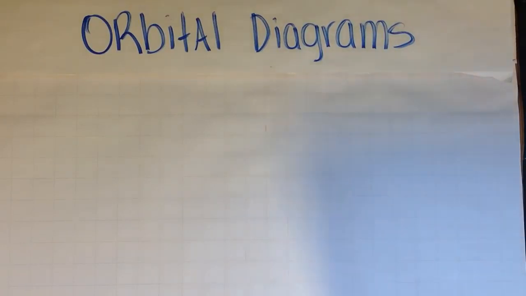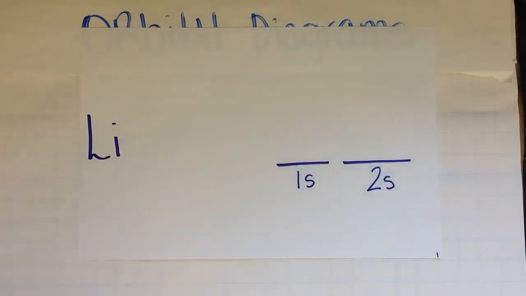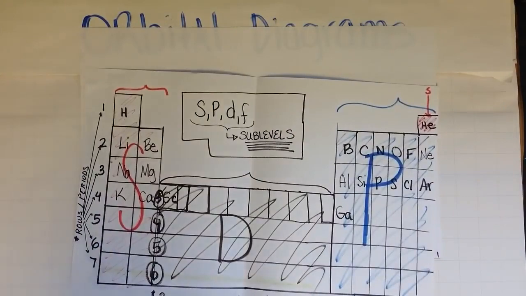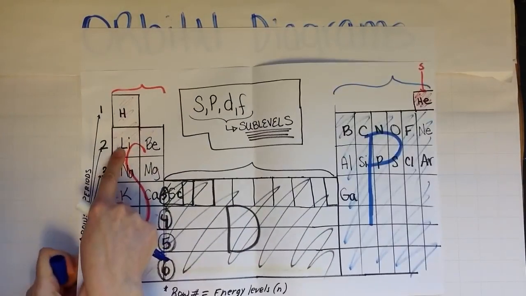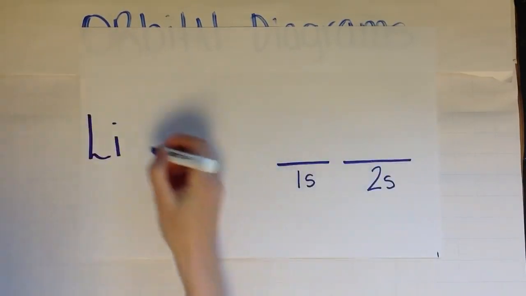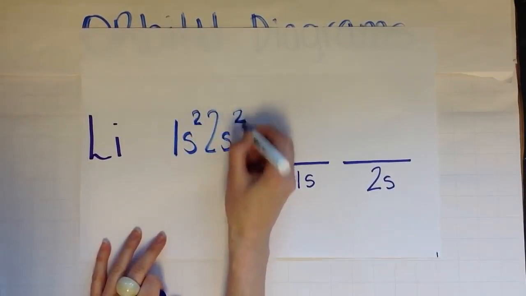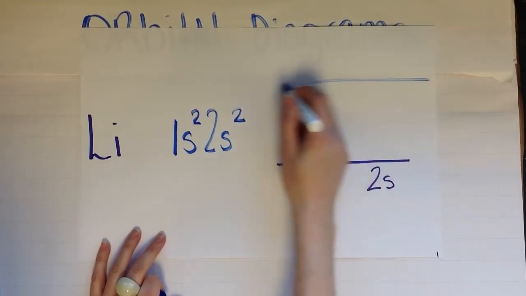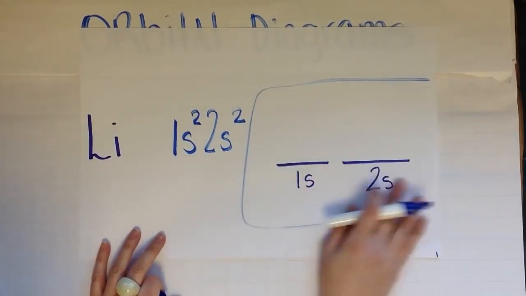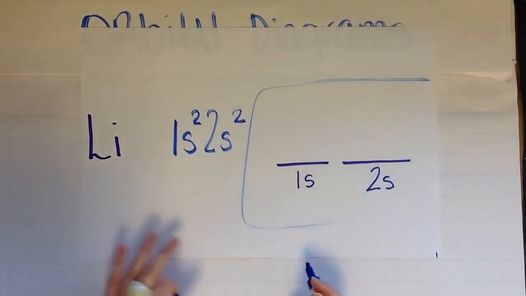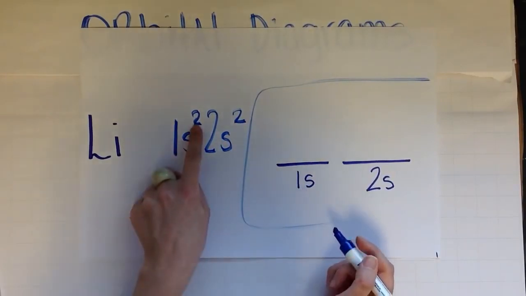Okay? Here's lithium. Lithium's electron configuration is 1s2, 2s2. Okay, now this is going to be the orbital diagram seen over here. Notice I just use lines. In the 1s, there's 2 electrons.